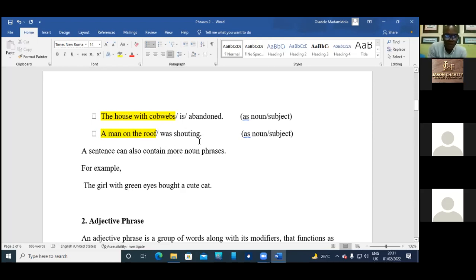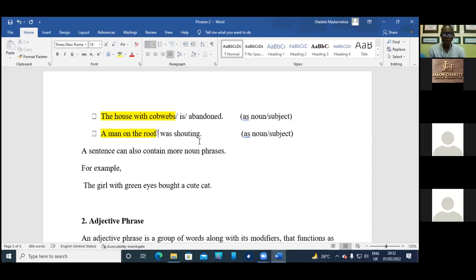And it is in the subject position. So it's a noun phrase because it is occupying the position of a noun. Okay, that is very good.